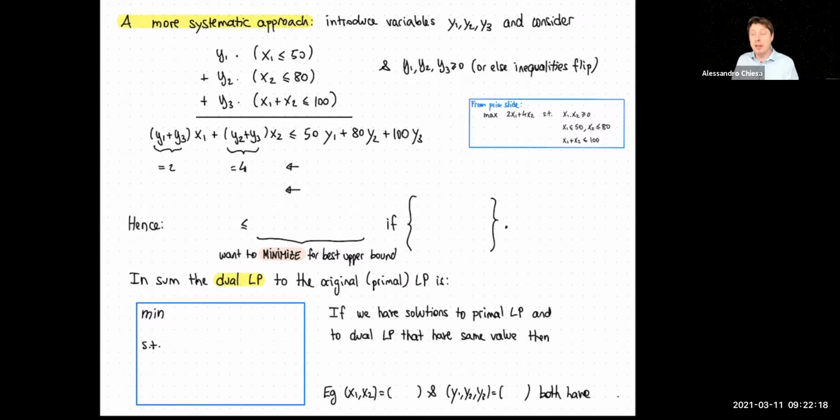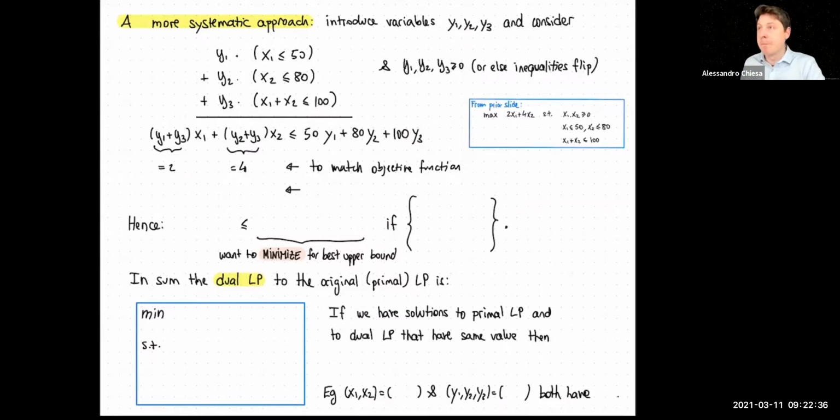Because I'm recreating here the objective function. So this is to match the objective function.